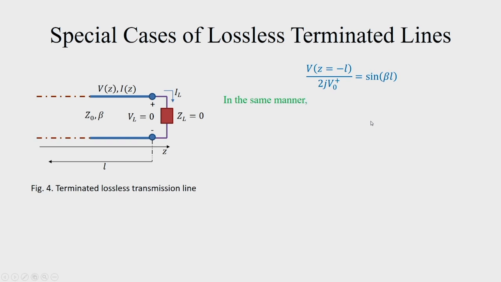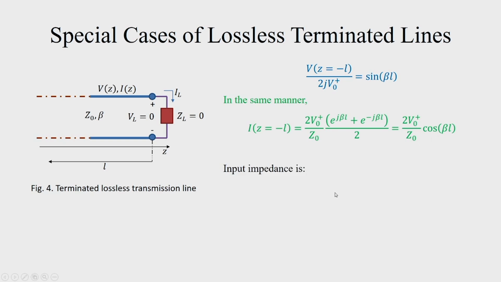In the same manner, we can find the expression for the current at a distance L from the load, which can be written as 2 V0+ divided by Z0 cos βL.